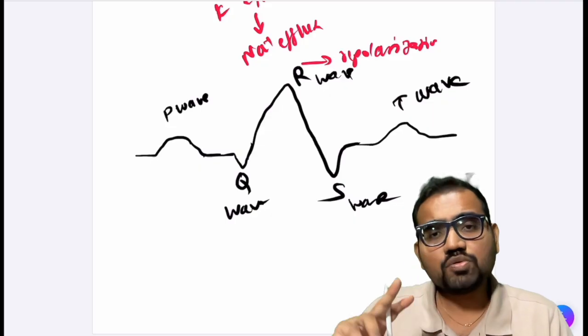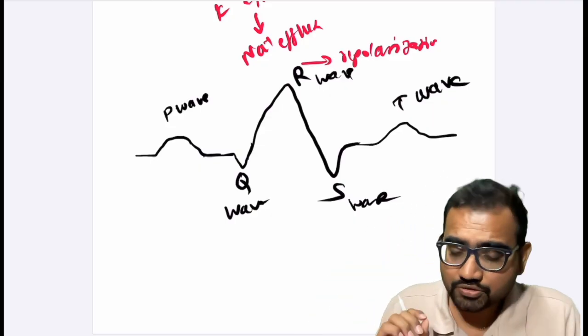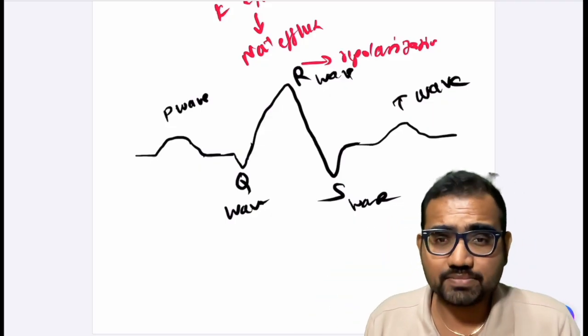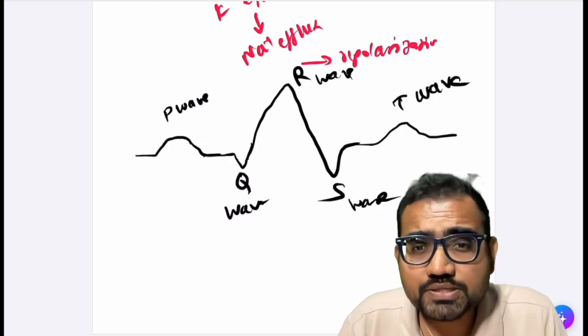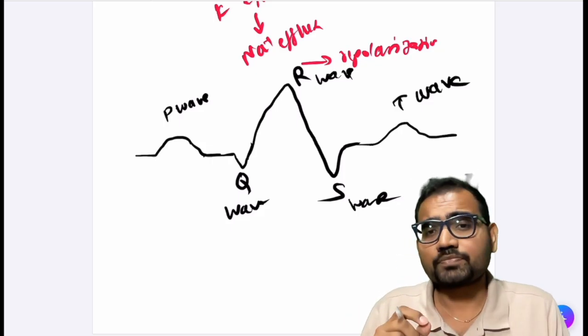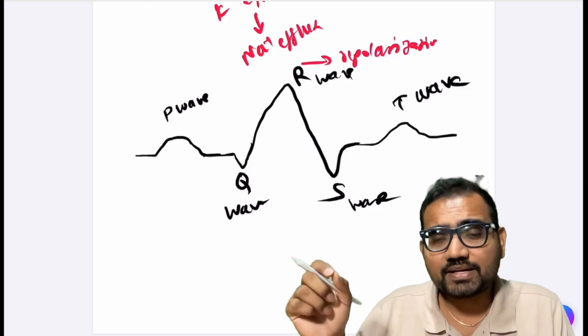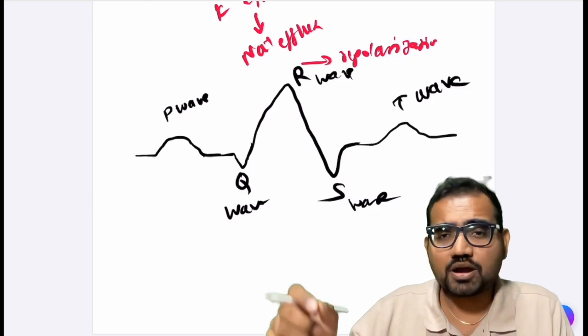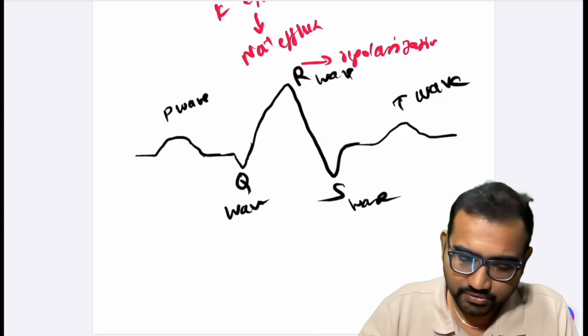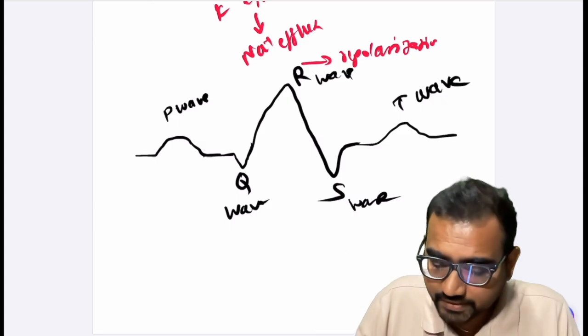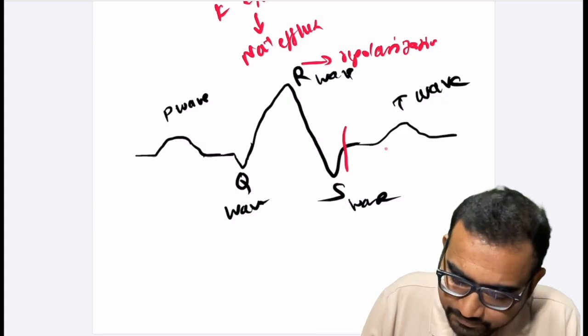So PQRST. There are a few intervals and segments. If you have watched the previous videos, I talked about STEMI, NSTEMI, ST segment elevated myocardial infarction, and non-ST segment elevated myocardial infarction. If you have watched that, then this is called the ST segment.